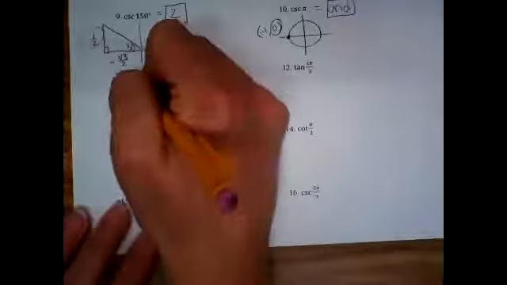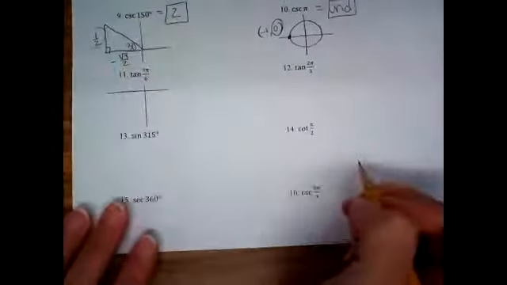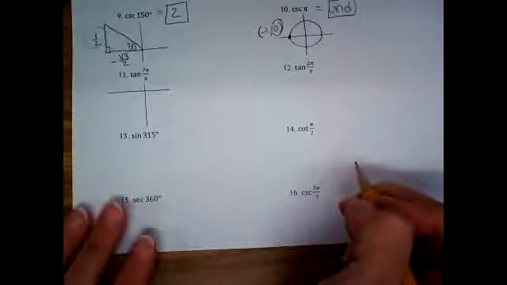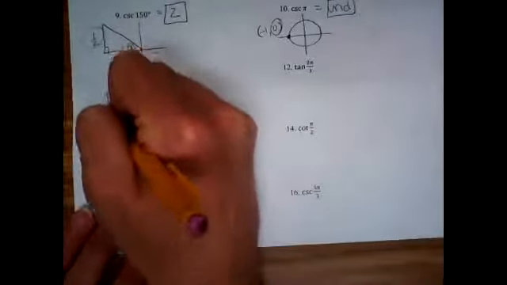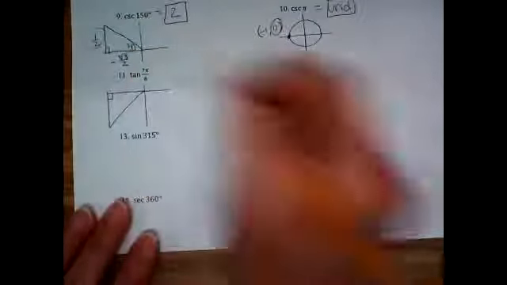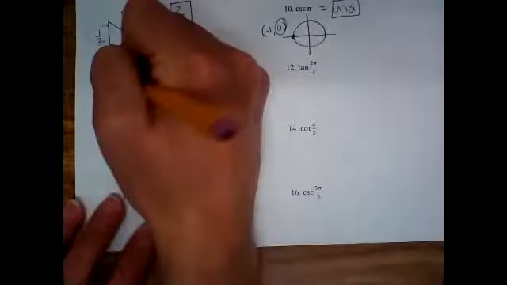All right, 7 pi over 6. What quadrant is that going to be in? You went a little further than 1 whole pi. 3, good. What's the reference angle? Pi over 6, good. Across from pi over 6 is 1/2. That means the other side is square root of 3 over 2.